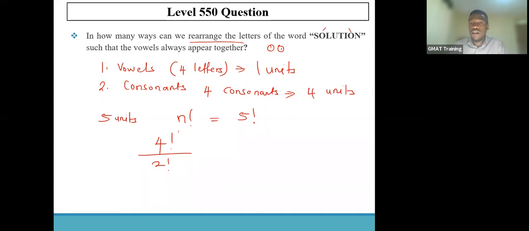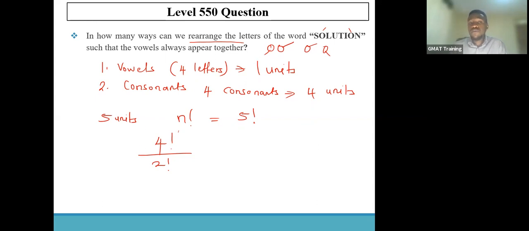If we were able to differentiate them, say we had markers, then we would say a different arrangement would give us this. But since we can't differentiate the two of them, we have to find a way of taking care of that unique situation.